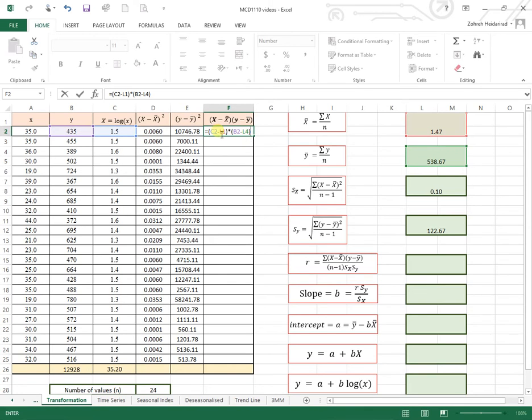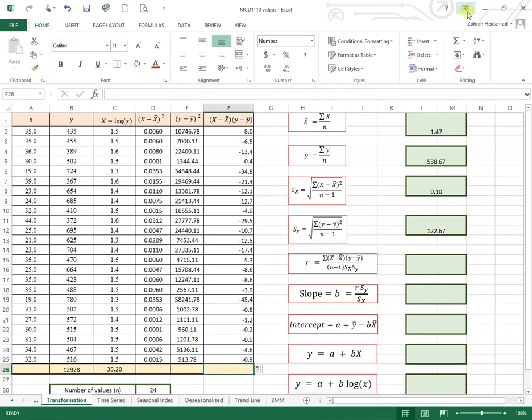Just be careful again, I have to fix the address of the cell, which includes the mean of x value and y value. I put dollars before and after L here as well. Now ready to drag this down and apply it to the rest of the cells.